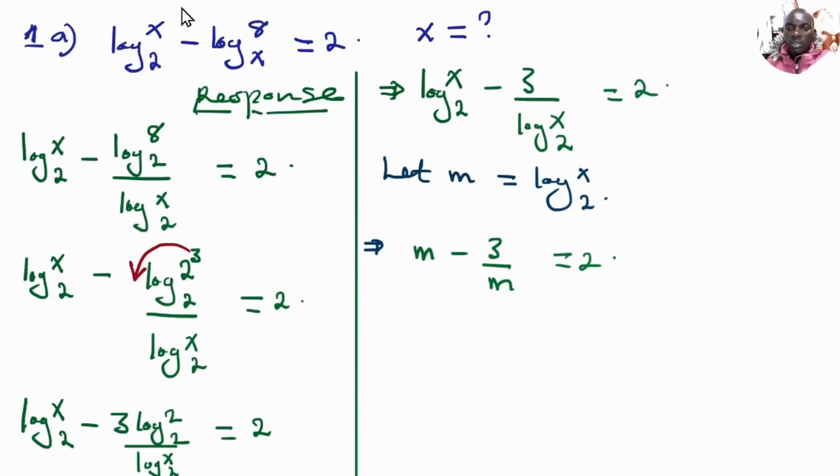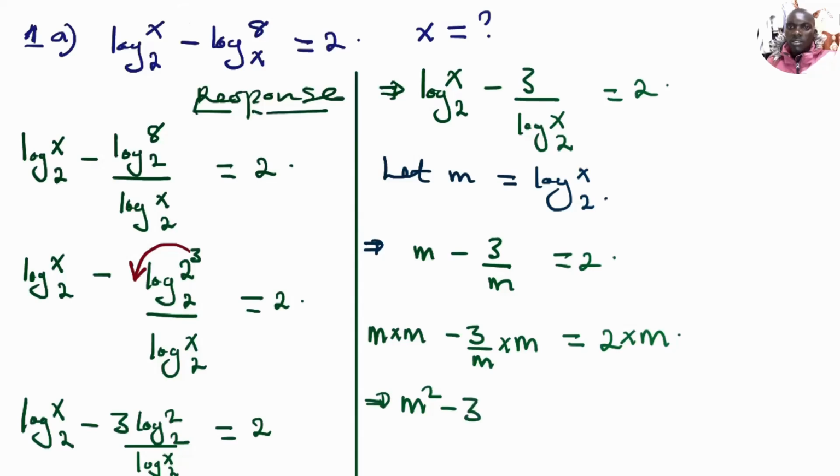So as we multiply by m, we're going to have m multiplied by m minus 3 out of m, but multiplied by m, equals 2 multiplied by m, implying that we are going to have m squared minus 3, since this m and this m cancel out, being equal to 2m.